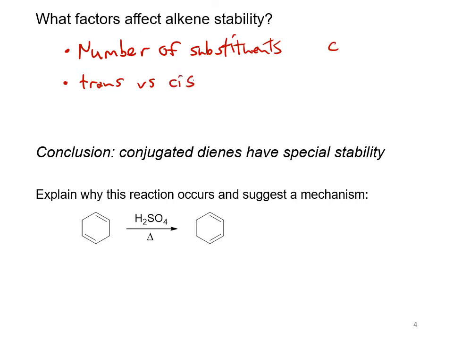For example, this alkene is more stable than this one. And in general, what makes an alkene more stable?